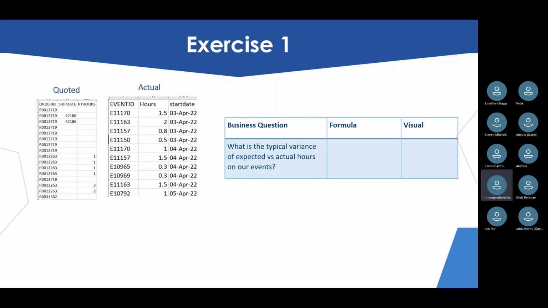So you could see the event ID, when the event happened, and the number of hours that were quoted for this event. You also have actual hours. So you have the event ID, the number of hours, and when the event happened. So their business question was, what is the typical variance of expected versus actual hours that we spent on different events?